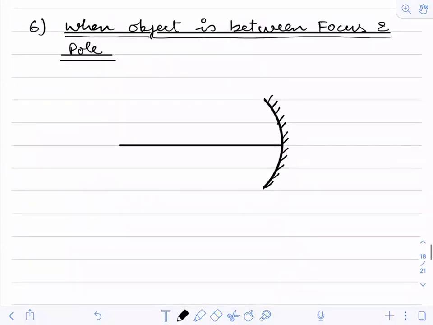Now the sixth case, when the object is between focus and pole. When we keep our object between focus and pole, so this is the pole, this is the focus, and we keep the object like this.